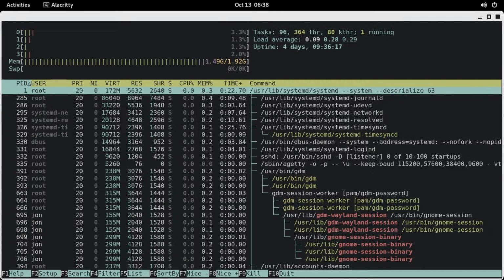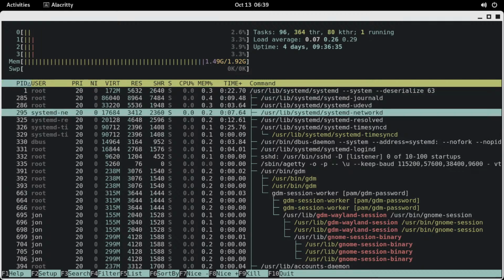The niceness of all the processes I see here is 0, so they're all the default priority and they're all normal processes. So I'll just look at this PRI column and this NI column, and look through all my processes.